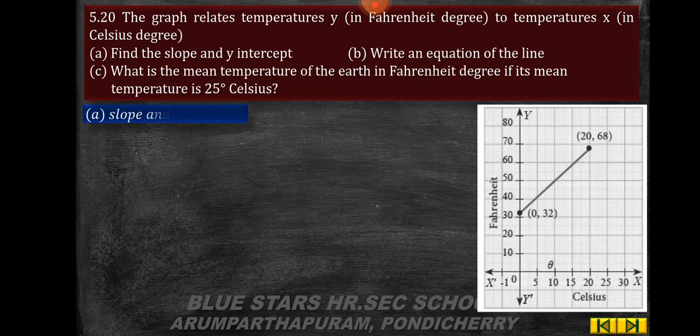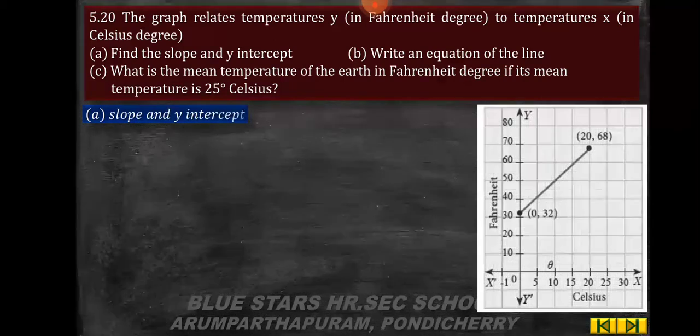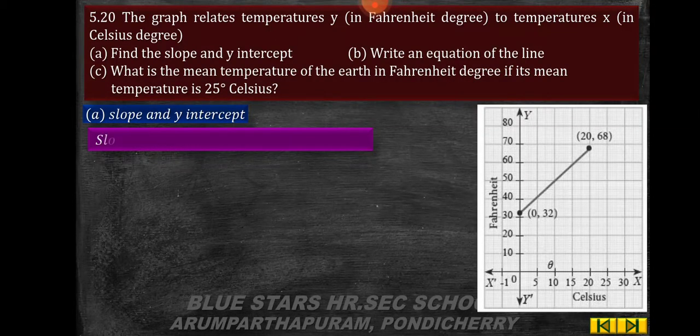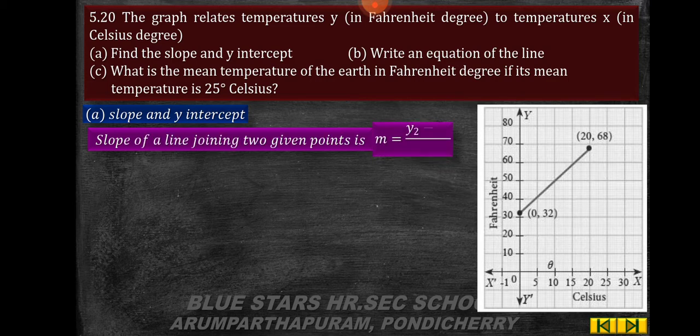So first A, the slope and y-intercept you have to find. The slope of a line joining 2 points is m is equal to y2 minus y1 by x2 minus x1. This is the formula for finding the slope of a line joining 2 points. So here you know two coordinates, 0, 32 and 20, 68.